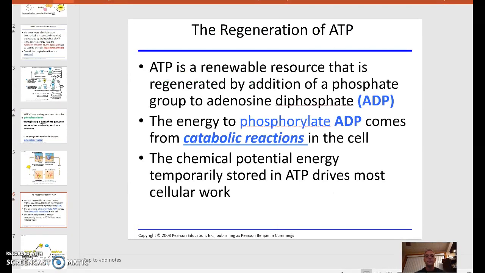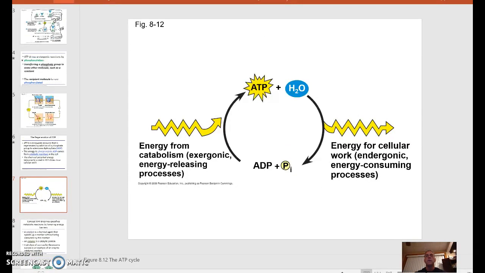When we think about ATP, we understand that ATP may be the energy molecule or the energy-rich molecule. I use the analogy of your cell phone batteries. When the battery is fully charged up, it would be like ATP. But as we do work and utilize that battery power, it releases energy and it breaks down.